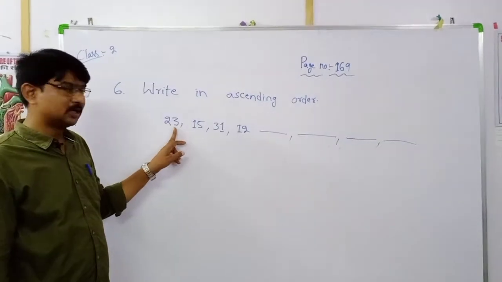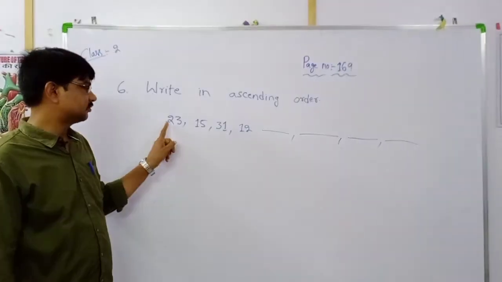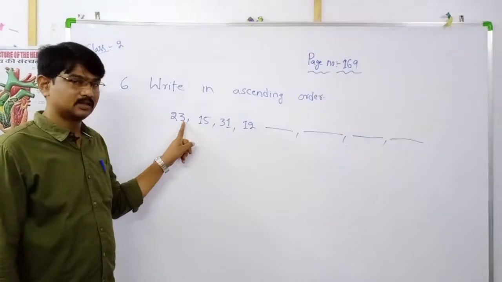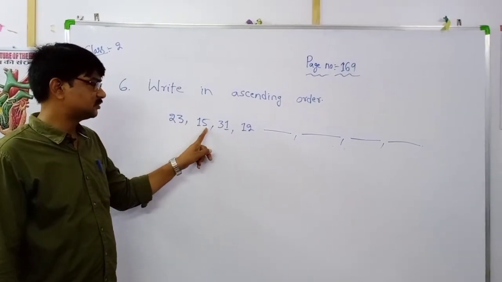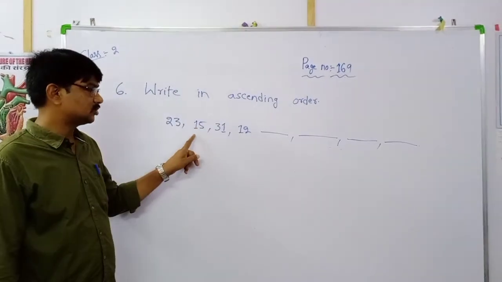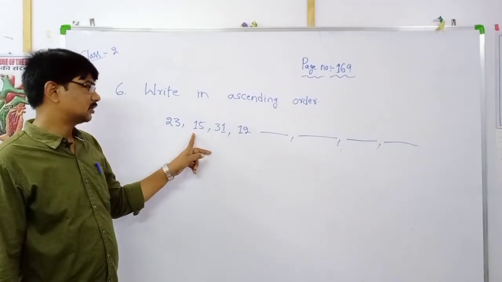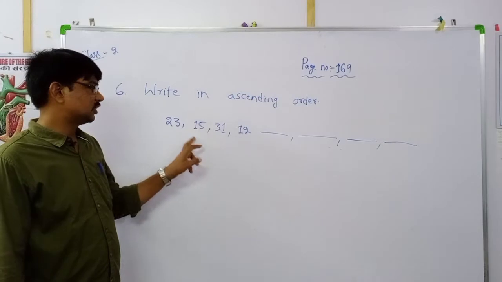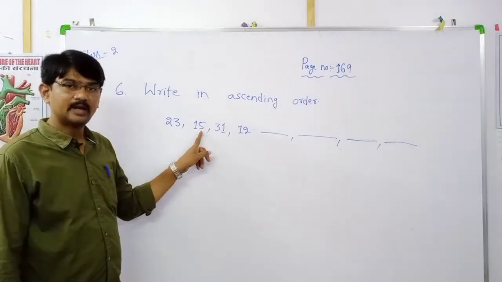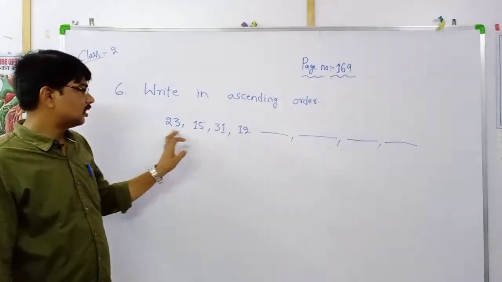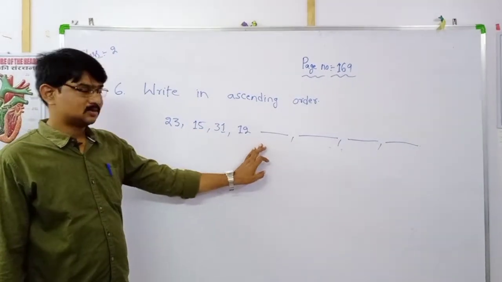This is a number with 2 digits. Every individual is called a digit, and the total is called a number. All are 2 digit numbers.